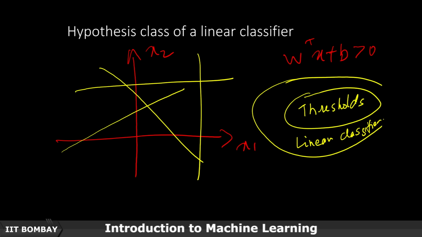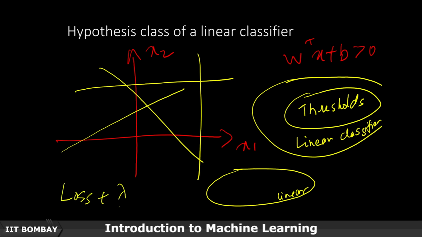So now also let's look at linear classifiers. So this is, let's say, linear. Now on top of that we add not just this function, not just the squared error, let's say not just the loss, but we also add lambda by 2 times the norm of w squared.